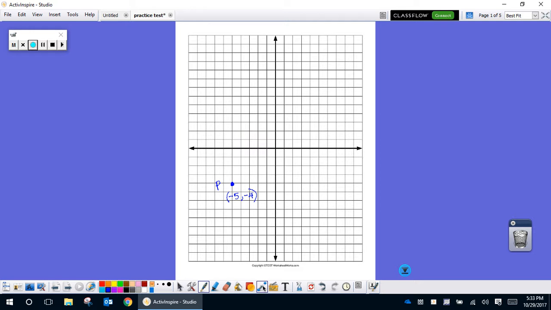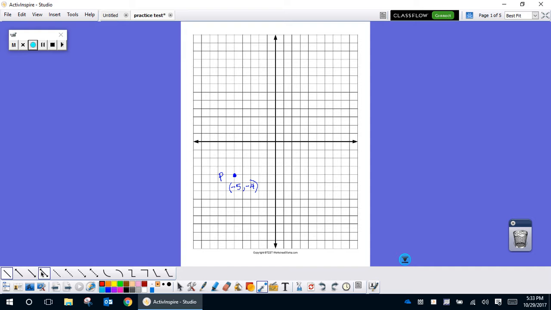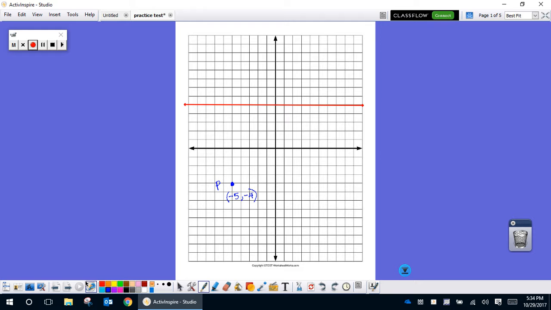So my reflection line is y equals 5, which is a horizontal line. So 1, 2, 3, 4, 5. And you have a line.